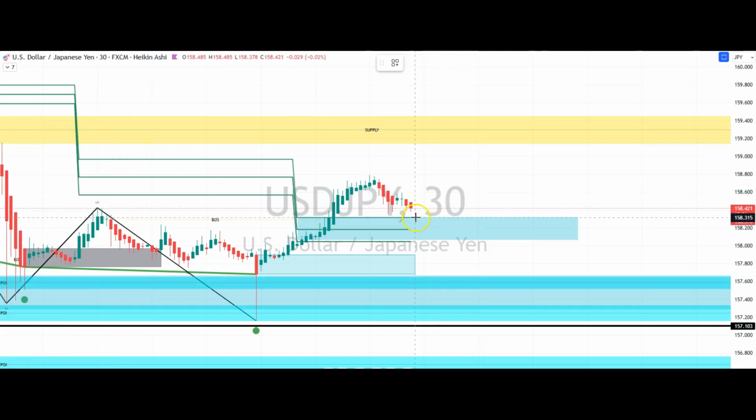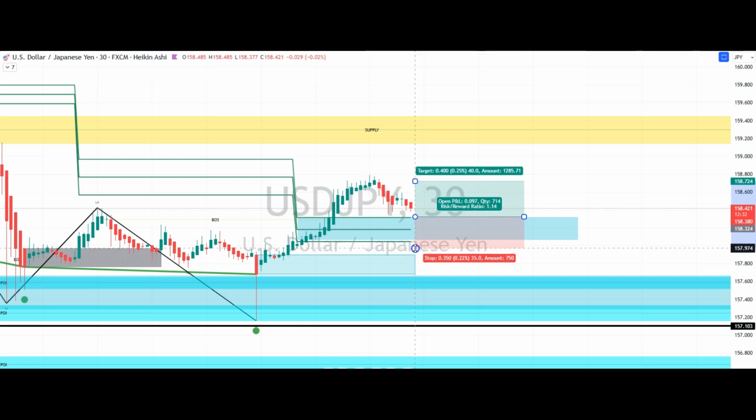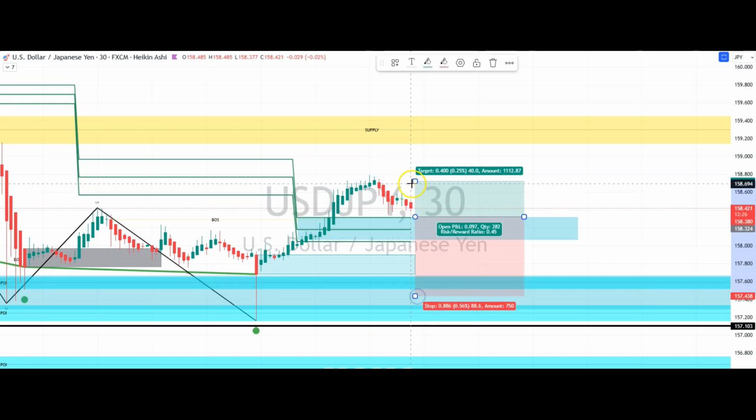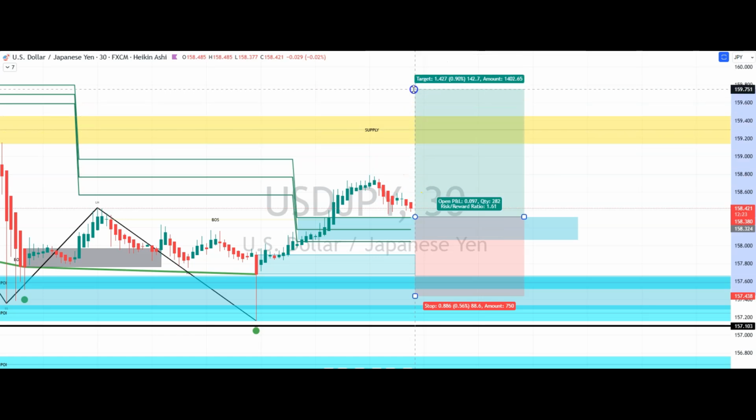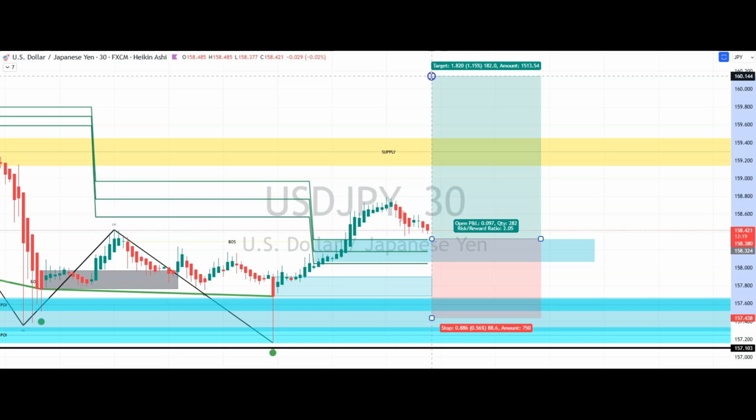So you could buy there with a very aggressive stop there. You might have to re-enter, but then you might be better off having a stop down here. Okay, make sure that it's 2 to 1 up there somewhere.